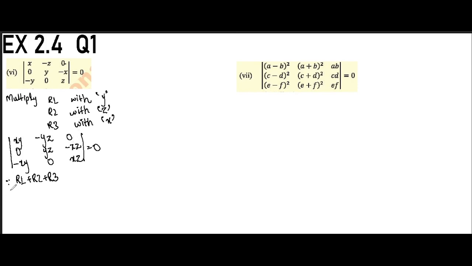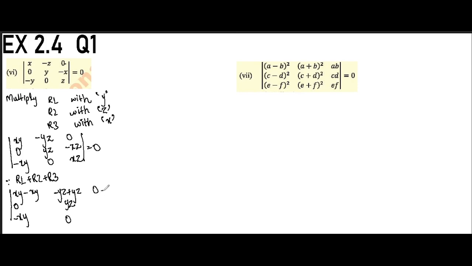So we are going to write it over here as the next step, which is xy minus xy. Then the rest of the rows will be written as it is. Now this one will be minus yz plus yz, and then we have yz as it is and 0 as it is.